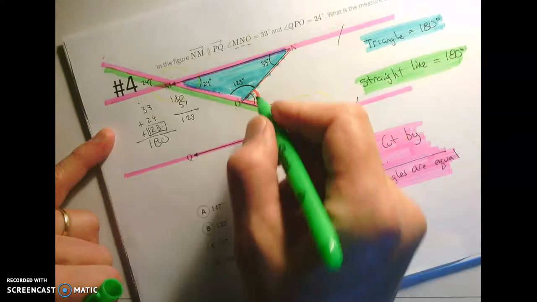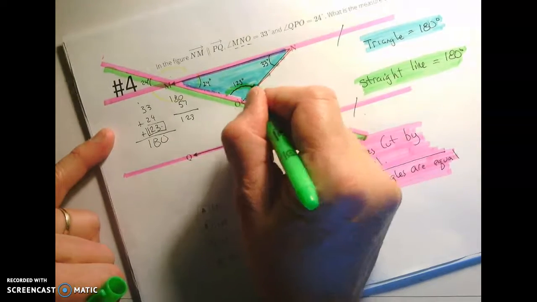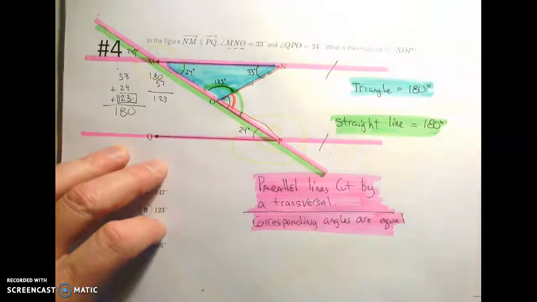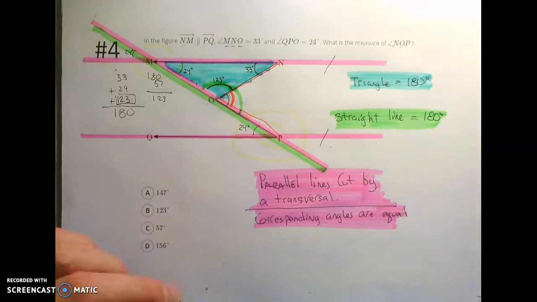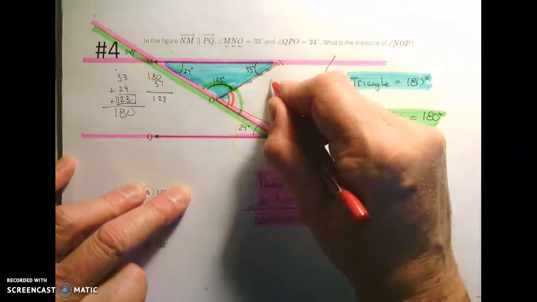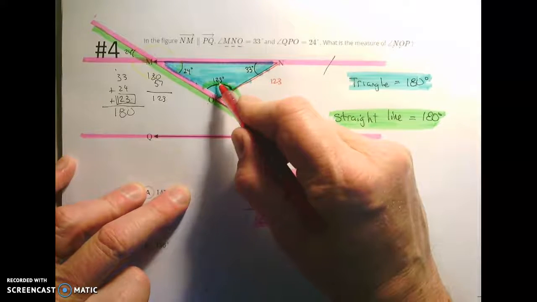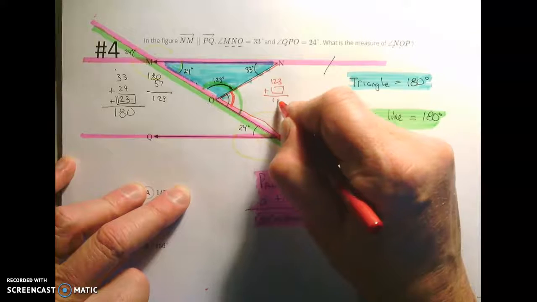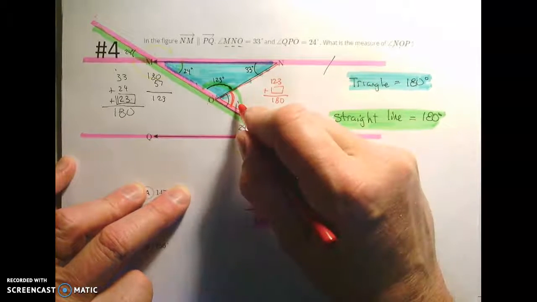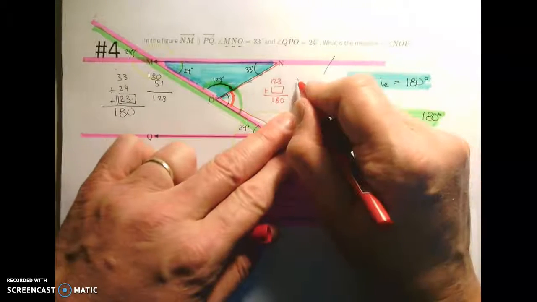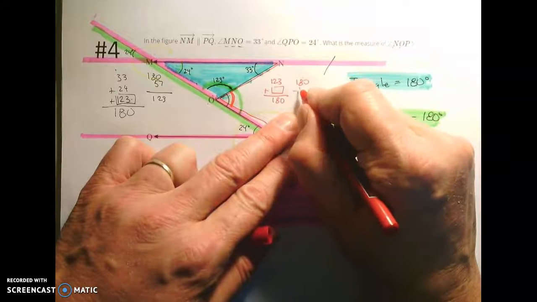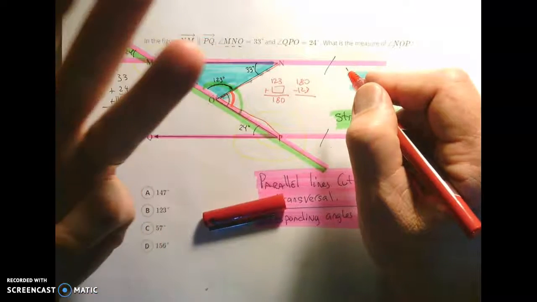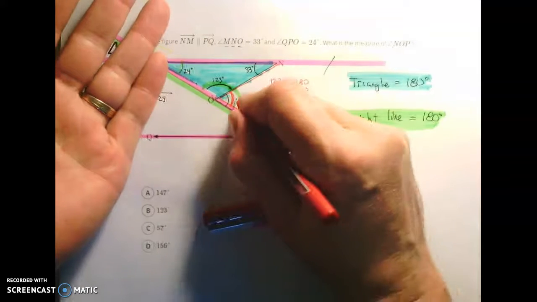And I know then that this angle plus this angle equals 180. So I have that 123 that was in here plus something equals 180. That's what the measure of this angle is. And if I just subtract, it becomes real easy. 180 minus 123 would be 57 degrees.